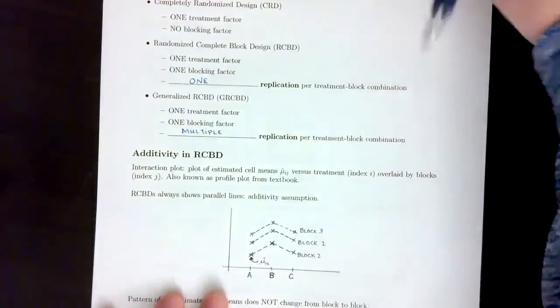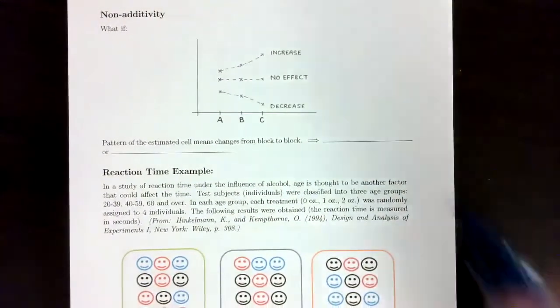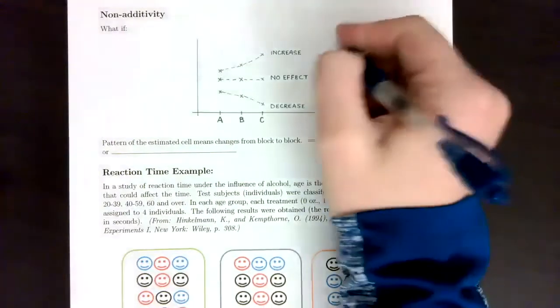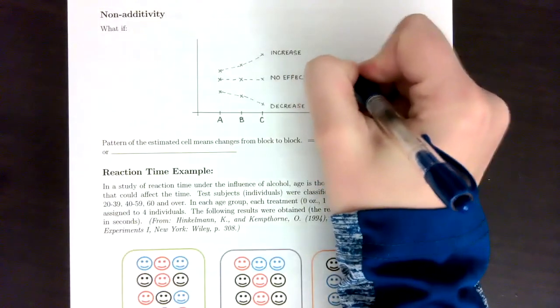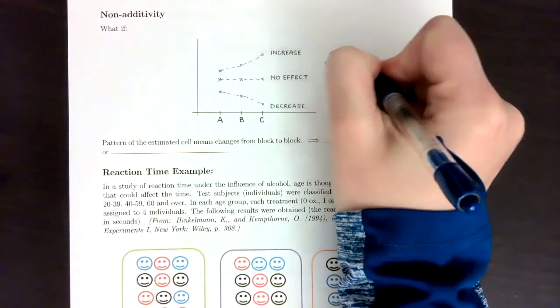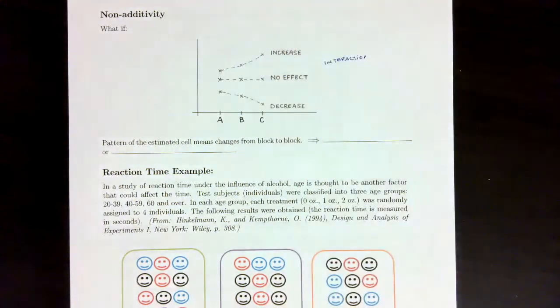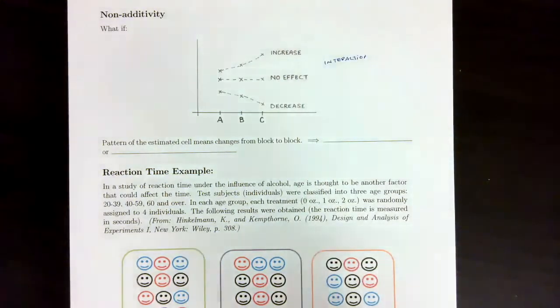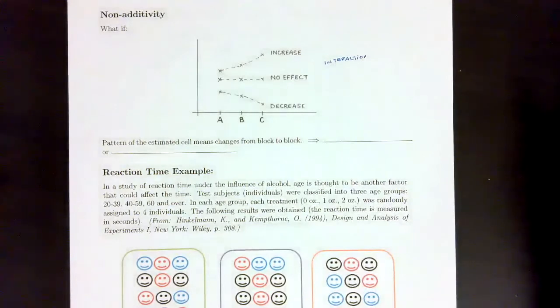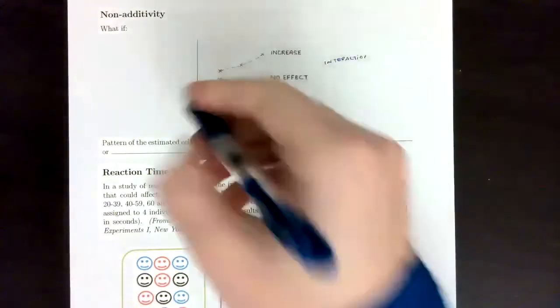So if we look at our non-additivity, here's our non-additive, this is what a non-additivity interaction plot would look like, roughly, kind of the overall idea. And so if our cell means that we plotted are changing from block to block, so again, these are our estimated cell means.